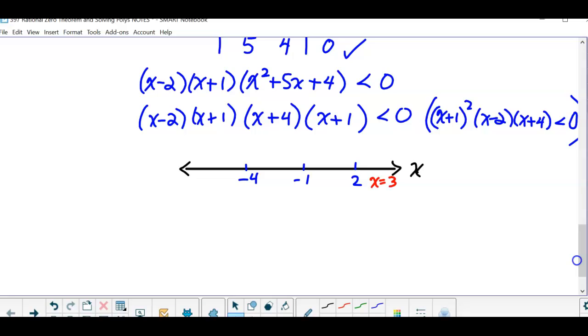So testing x equals 3. So if you want to put it back into the square, it might be a little bit faster, right? In here, this is always going to be positive because you're squaring. Even this, if the bracket was a negative, it's going to be positive. So really, we only care about these two. So 3 minus 2 is a positive, 3 plus 4 is a positive. That would be -2 times +4, that's a negative.